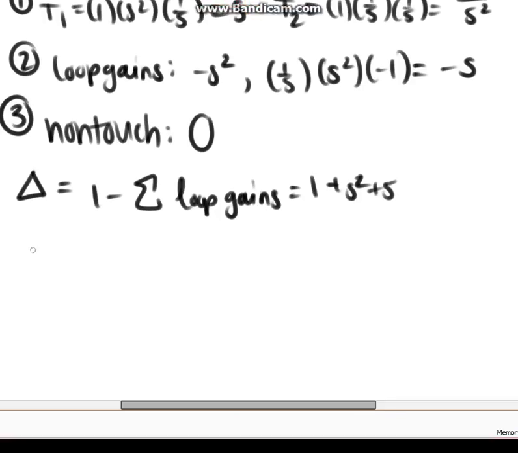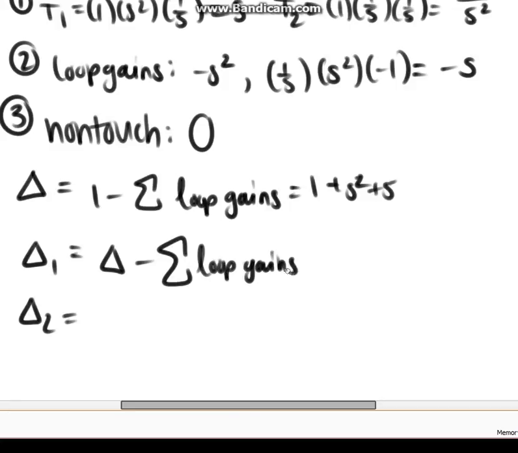Next, we have to find delta 1 and delta 2 because we have 2 forward path gains. Delta 1 and delta 2 are equivalent to delta with the loop gains touching that path removed. Since all the loop gains touch T1, delta 1 equals 1, and since all of the loop gains touch T2, delta 2 equals 1 as well.